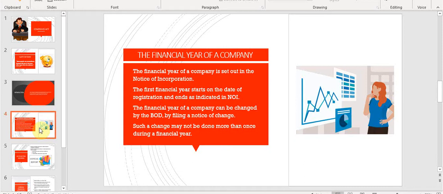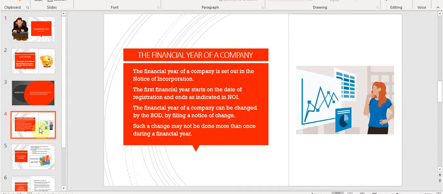In the first year that you actually commence with business, you need to submit your notice of incorporation, and it starts on the date of registration. So they need to plan: if we submit documents on this date, then it will be ready by June.